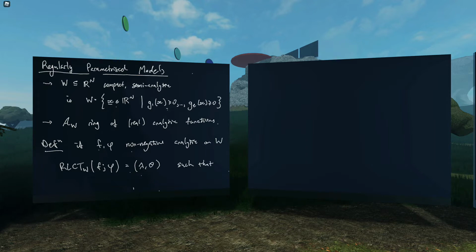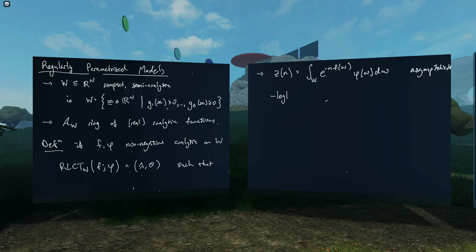There are a few equivalent definitions, and the reference that I prefer is probably Lin's thesis, but I assume it's also in the grey book. So either we can look at this so-called partition function, Z_n, which is the integral over W of e to the minus n f, and that will have the asymptotic expansion as follows.